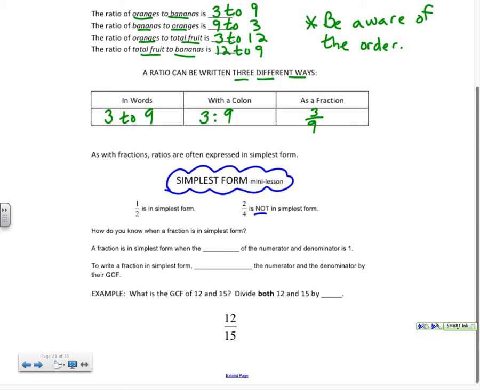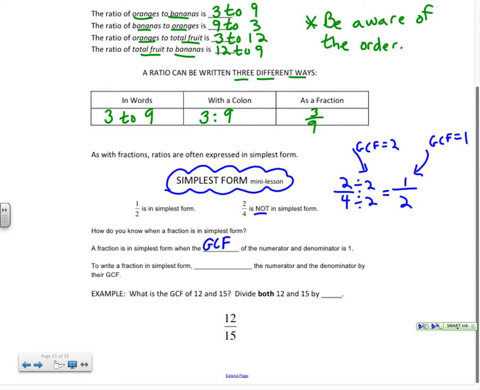A fraction is in simplest form when the GCF, the greatest common factor, of the numerator and denominator is 1. So if we look at 2/4, we can still divide 2 by 2 and 4 by 2. So the greatest common factor of 2 and 4 is actually 2. So when I divide it, now the greatest common factor of 1 and 2 is 1. So that's how I know I'm done.